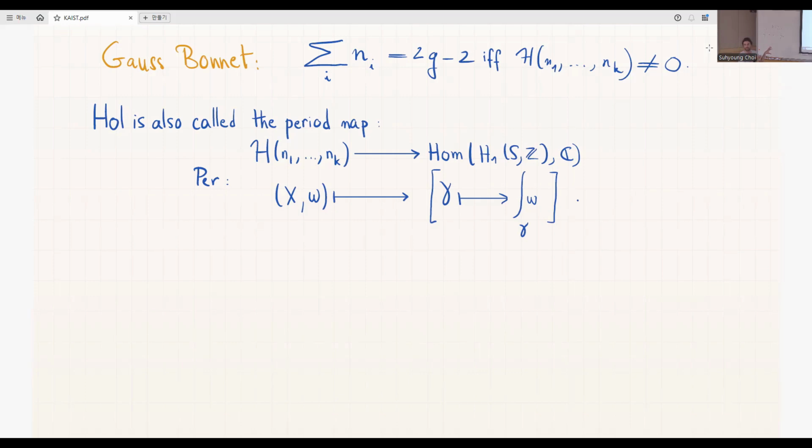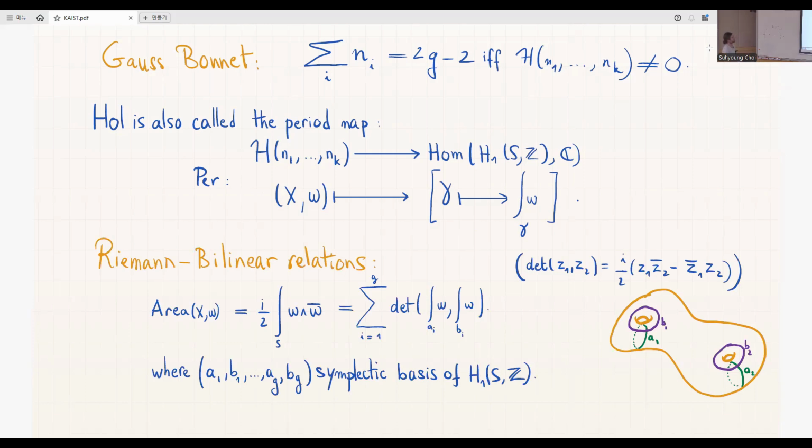I don't know if I have been clear, but basically what I'm saying is that this map is not a local homeomorphism. If you fix a homomorphism here, you can deform within this space by keeping the image constant. This is actually a very well-studied deformation of translation surfaces. It's called the isoperiodic deformations. That's clear? Okay.